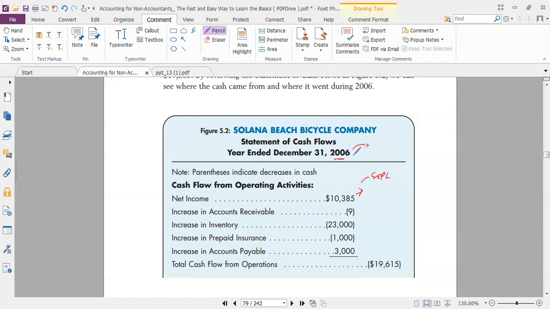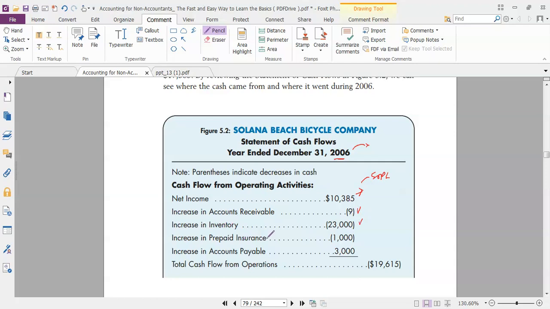In the questions given, they will give the information regarding the amounts in the financial statement for last year and this current year, so that you can compare the account receivable. If there is an increase in account receivable, you must deduct. And if there is an increase in inventory, you must deduct.